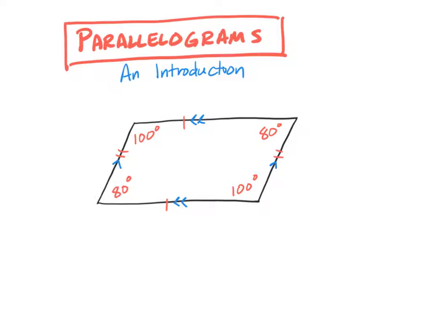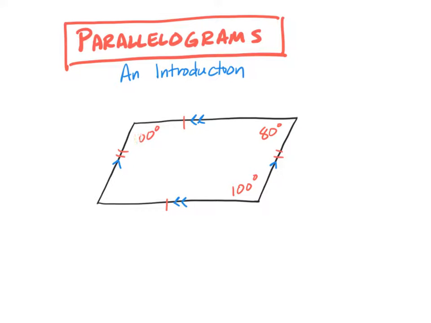Notice how the consecutive angles, the angles in a row next to each other, add to 180 degrees. That will always be true in a parallelogram also. So 100 plus 80 is 180, 180, 180, 180. So let's erase this for a second.